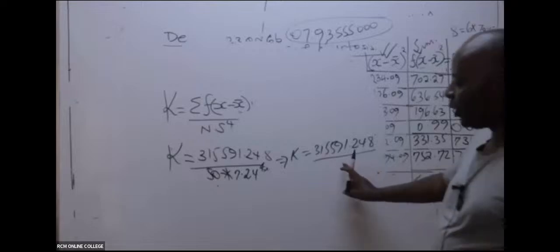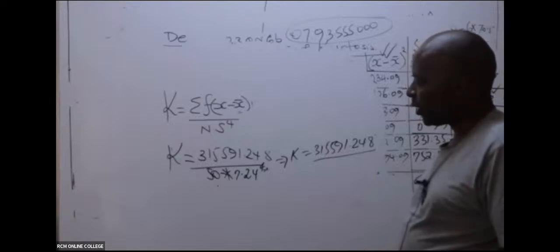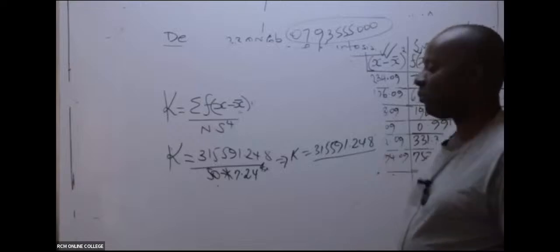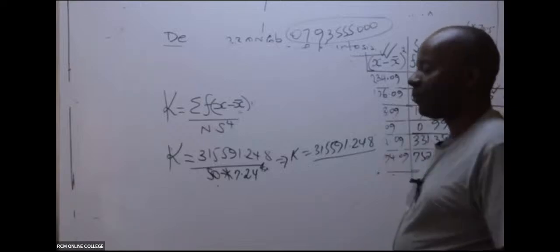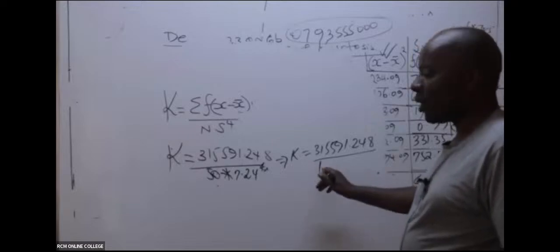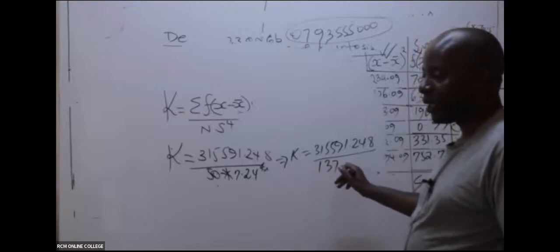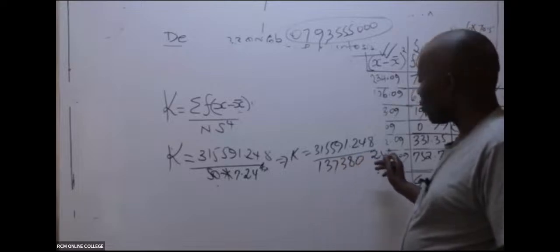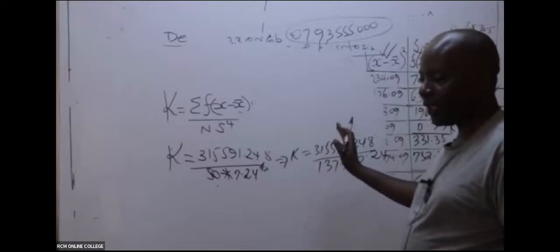I want the denominator figure, 50 times 7.24 raised to power 4. Quite a huge number. According to Sharon, it's supposed to be 137,380.24. And then now you divide this by this.